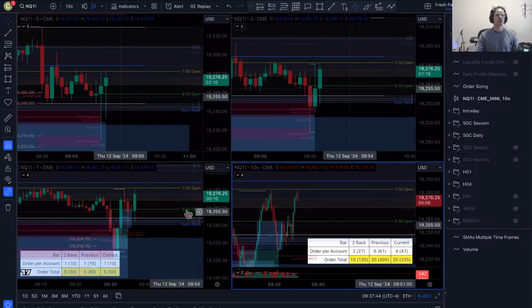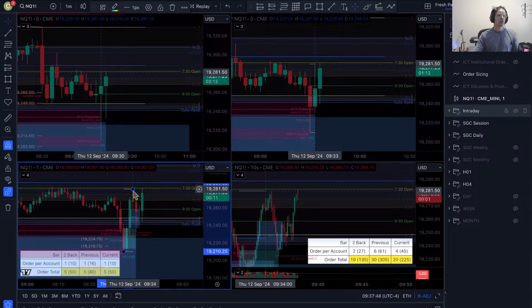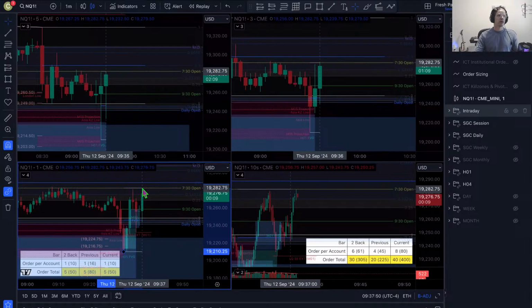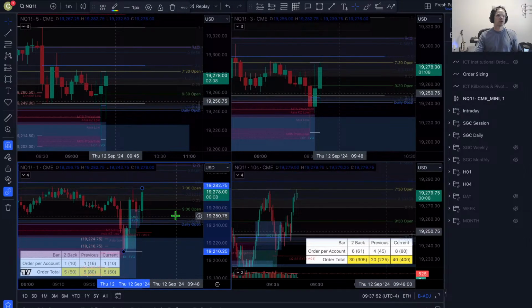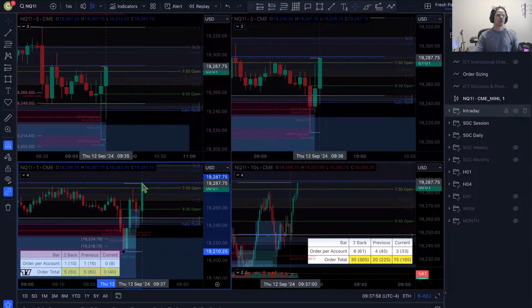Now here's our 730 test. If we break this, we're super bullish. Right now, that's just an extension of this range, this impulse structure, unless we get a real impulsive move through, which it looks like we are.